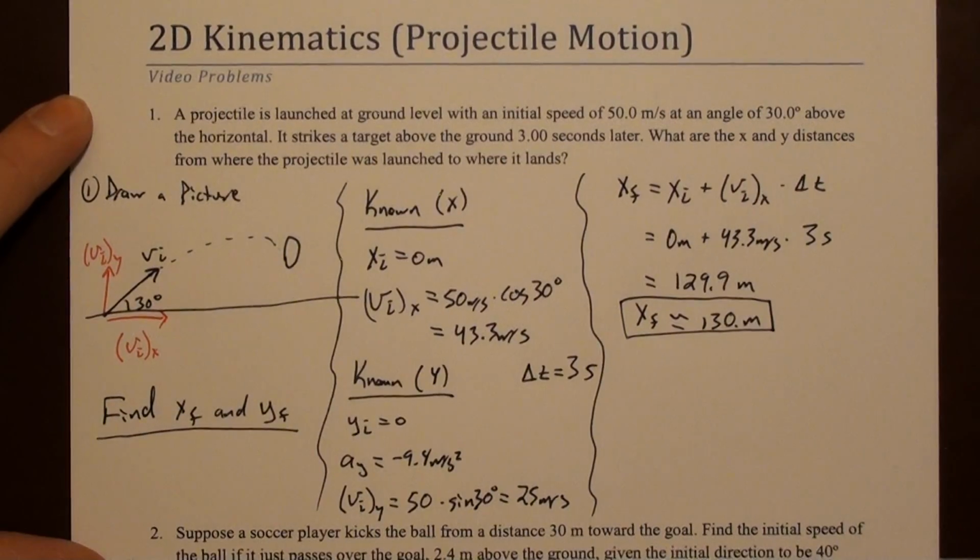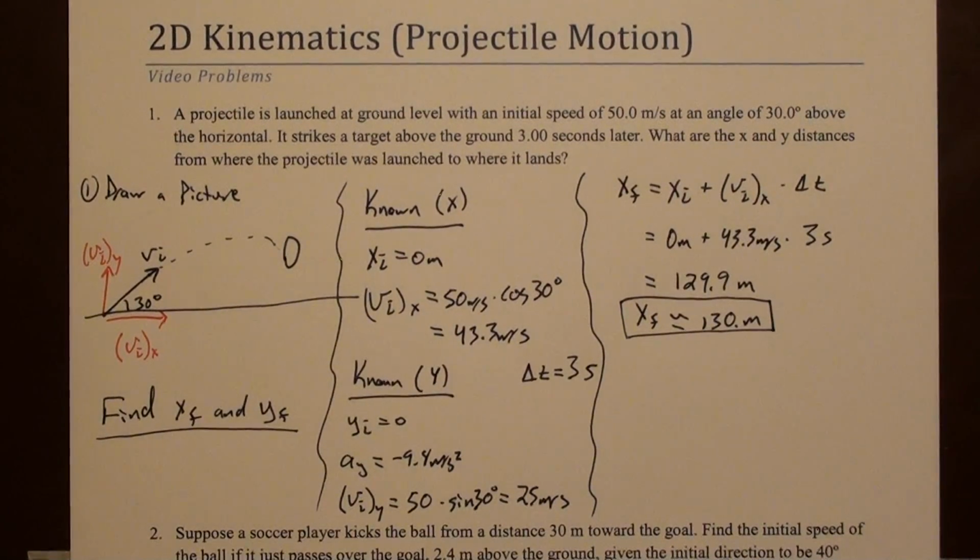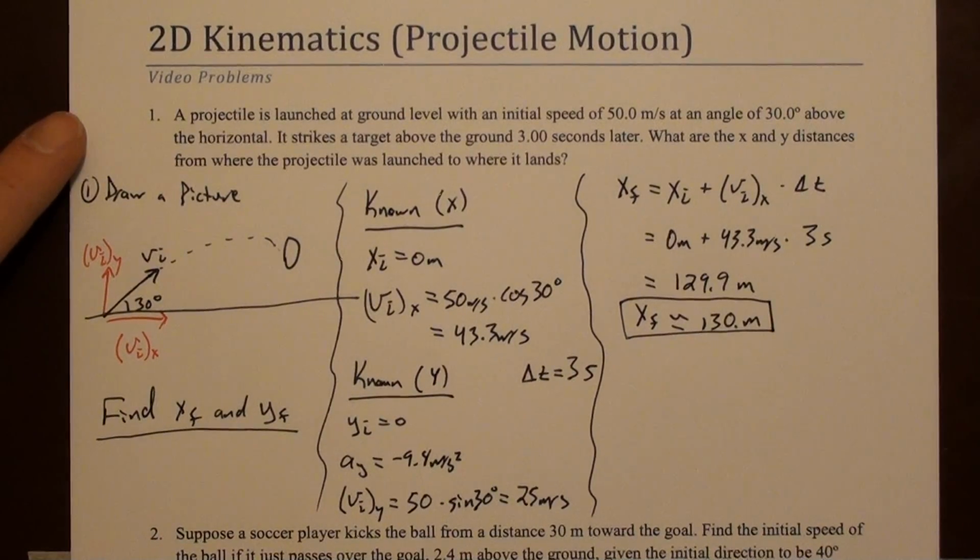The other one is the final y value, and we actually have everything we need to find that as well. We have y initial, we have v initial y, and we have delta t.